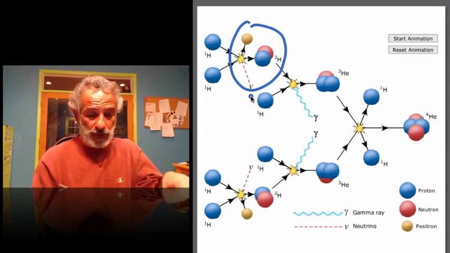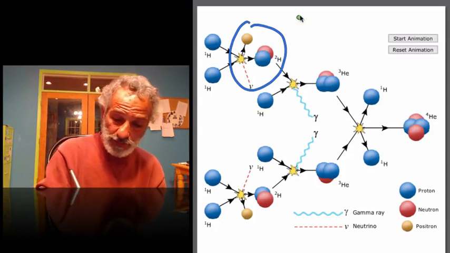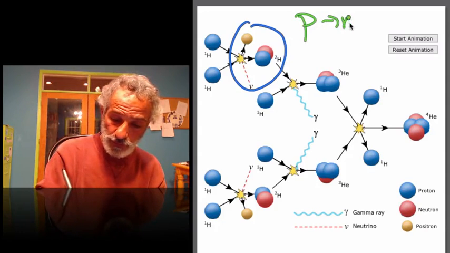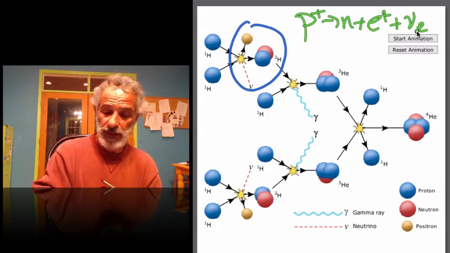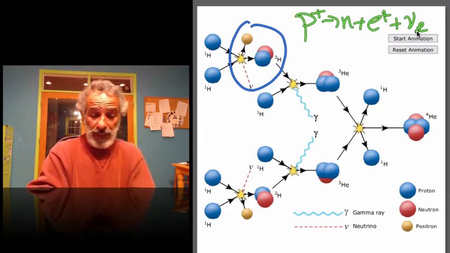So the proton is undergoing the decay. Proton goes to neutron plus positron, conserving electric charge, and since this has negative electron number, it produces an electron neutrino. This is an important decay for us.